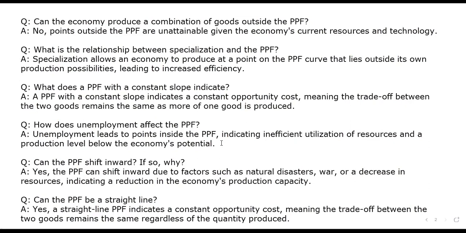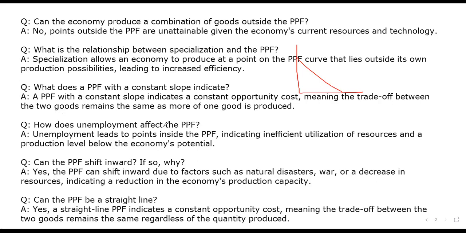What does a PPF with a constant slope indicate? We have PPFs that are straight, that are linear. They look like this. So if we have a PPF with a slope like this, it simply means that there is constant opportunity cost, meaning the trade-off between two goods remains the same throughout as more of one good is produced.